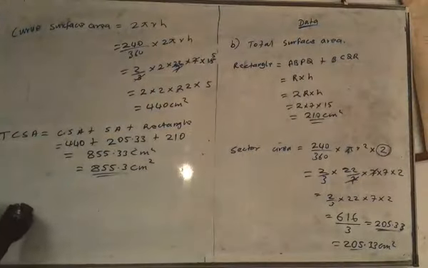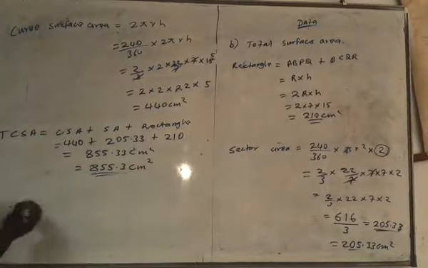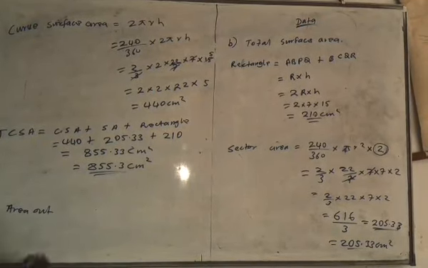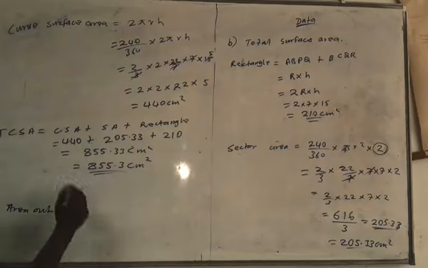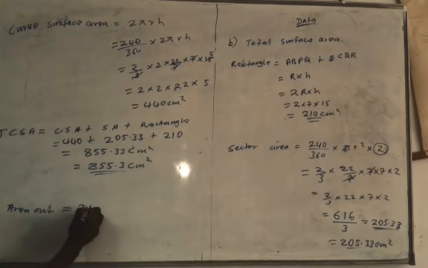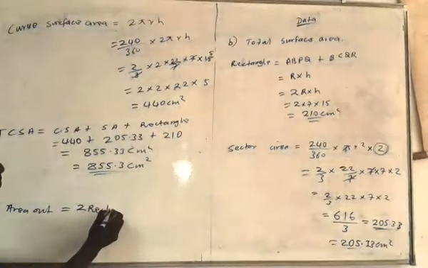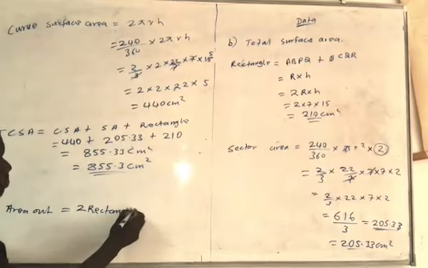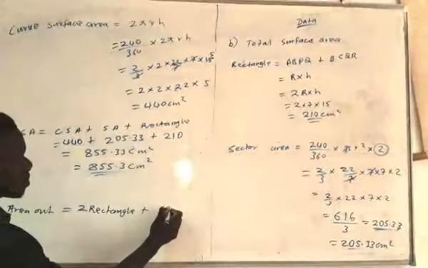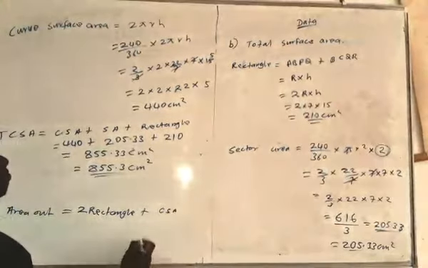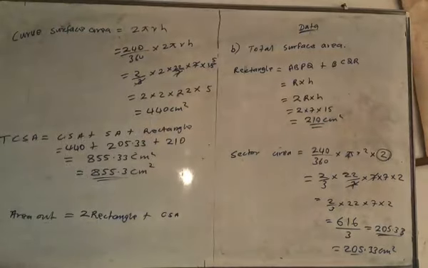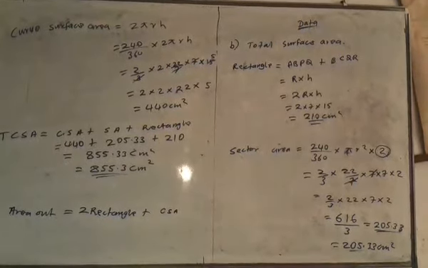The area that was cut out is going to be, don't forget, still two rectangles, which are the same, plus the curved surface area, but instead of putting 240, we are going to put the opposite angle, which is 120.